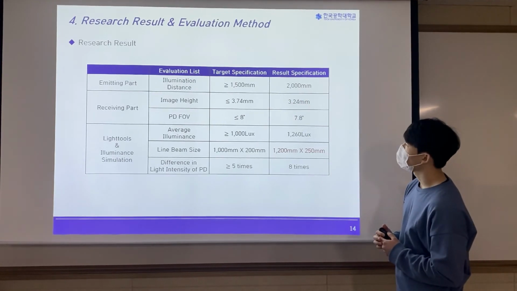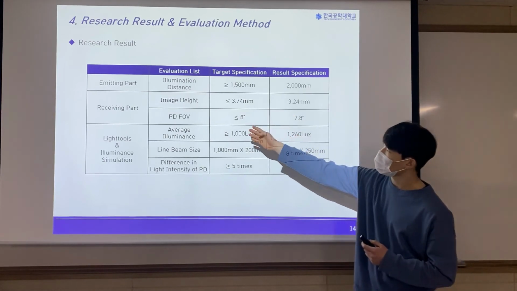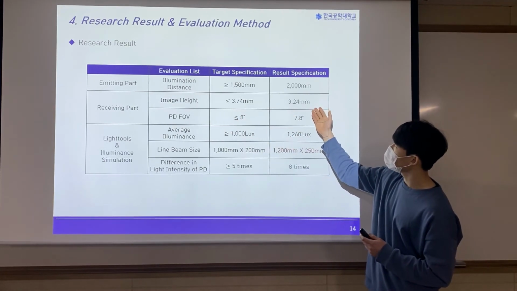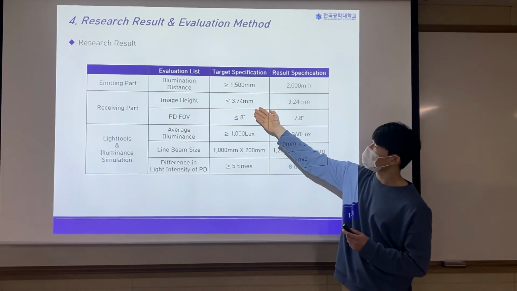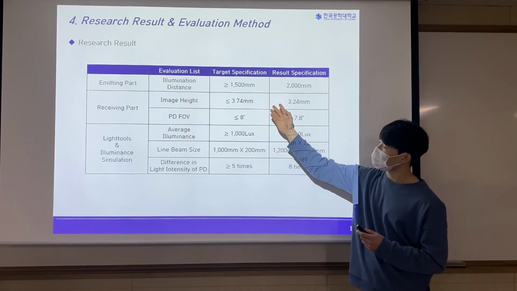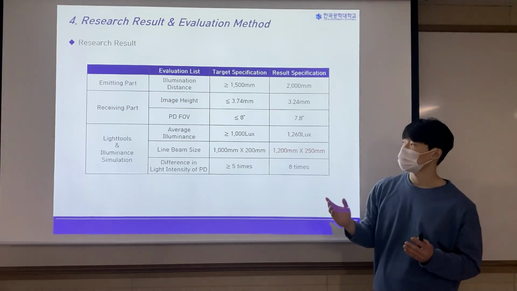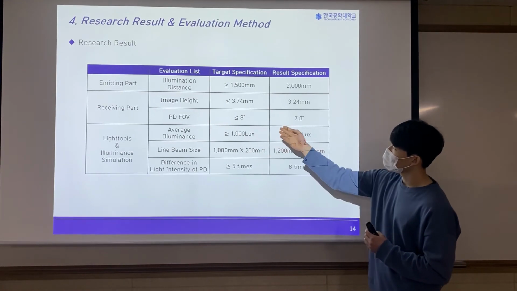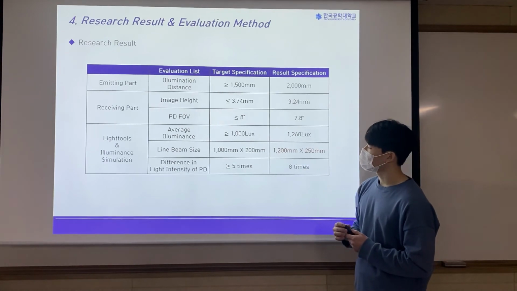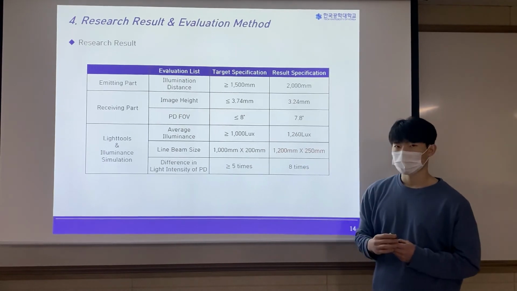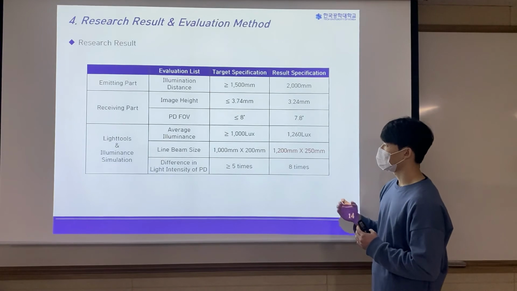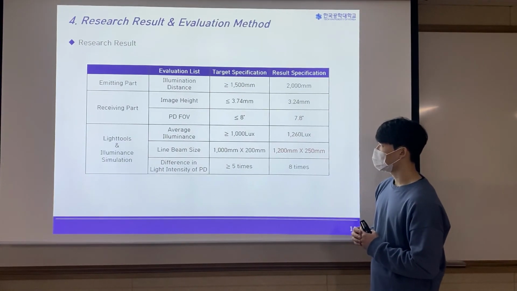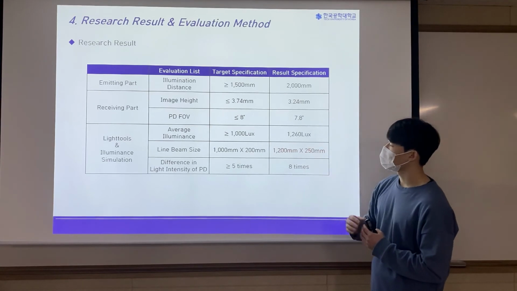The image height of the light receiving part is 3.24 mm, smaller than 3.74 mm, and the FOV of the photodiode is 7.8 degrees, smaller than 8 degrees. The result of the illuminance simulation using LightTools was 1260 lux, higher than 1000 lux.